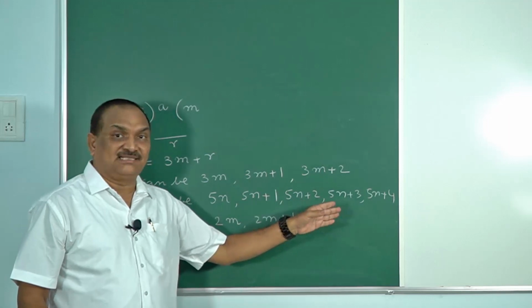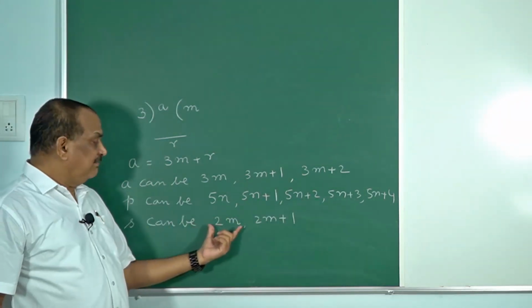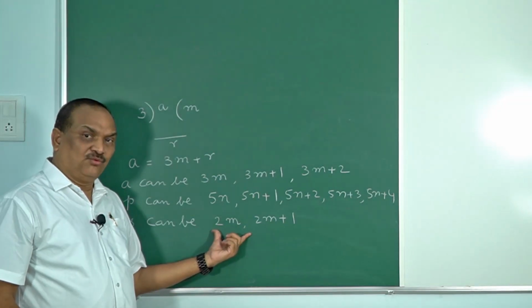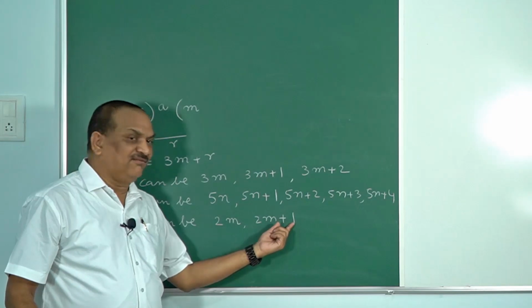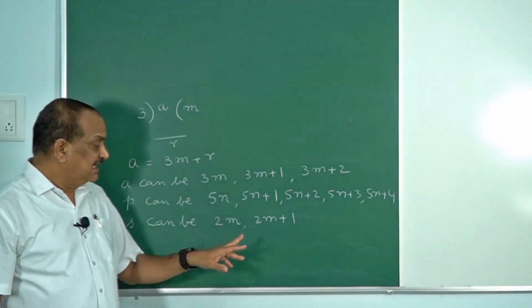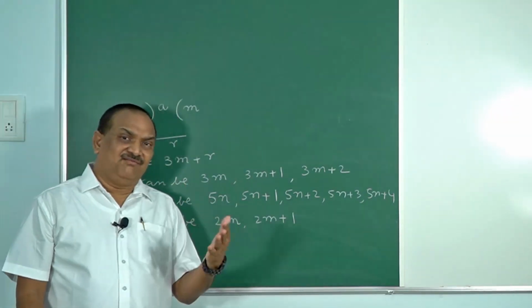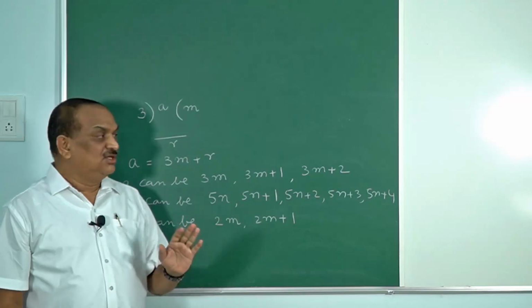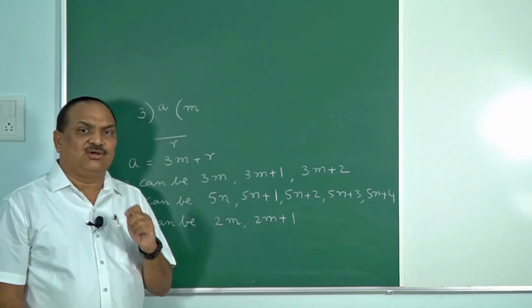You can't have 2 as the remainder because you are dividing it by 2. And obviously, numbers which are multiples of 2, we call them even numbers. And numbers which leave a remainder 1, odd numbers. That's it. All the numbers are of only 2 categories, either multiple of 2 or numbers which leave a remainder 1 when divided by 2. That's it. So you should understand how you can express any integer you are given.